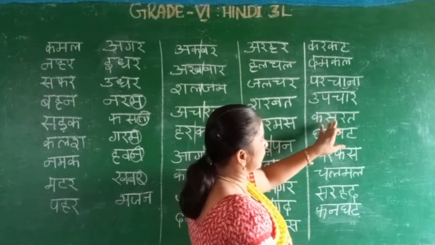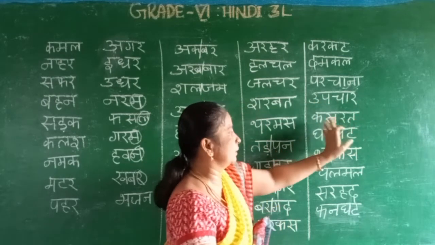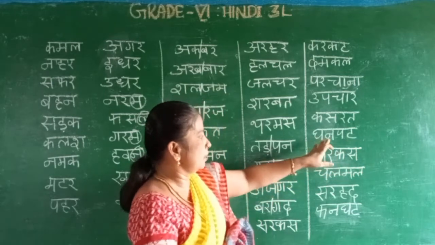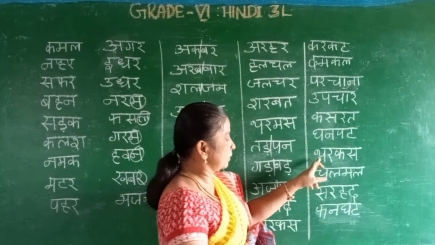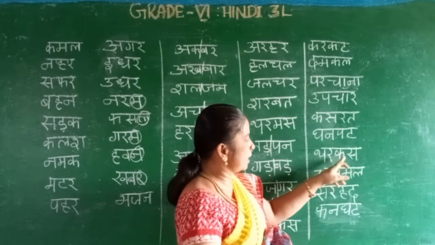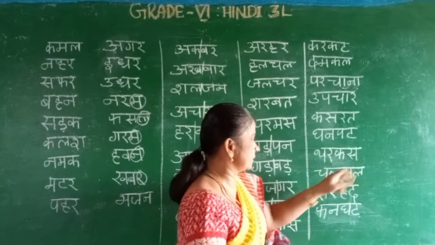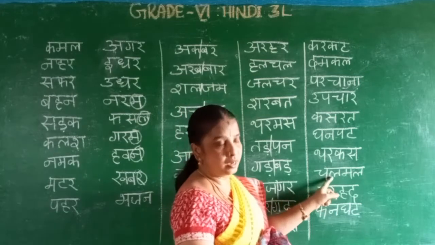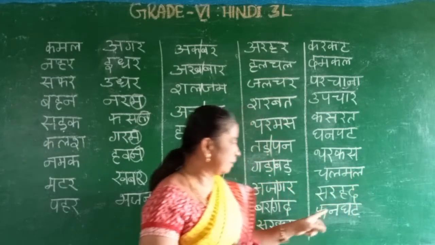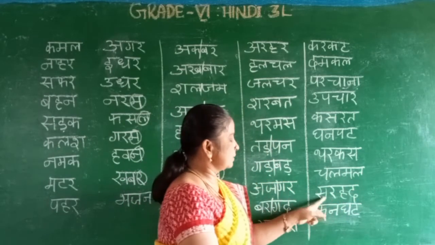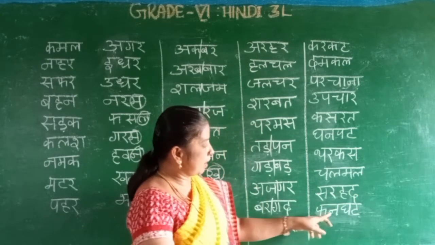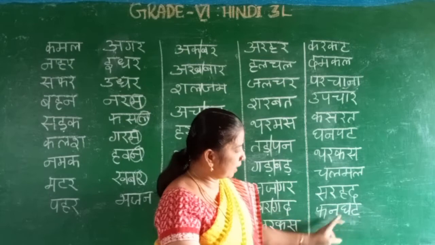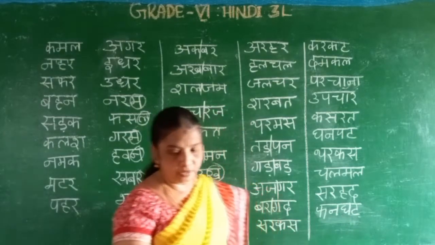Ka, sa, kas, ra, ta, rat, kasrat. Ga, na, gan, pa, ta, pat, ganpat. Ta, ra, tar, ka, sa, kas, tarkas. Cha, la, chal, ma, la, mal. Sa, ra, sar, ha, da, had, sarhad. Fa, na, fun, ga, ta, gat, fungat.